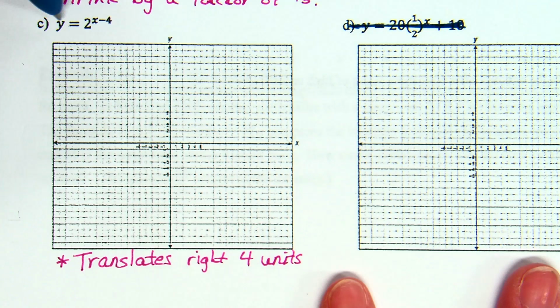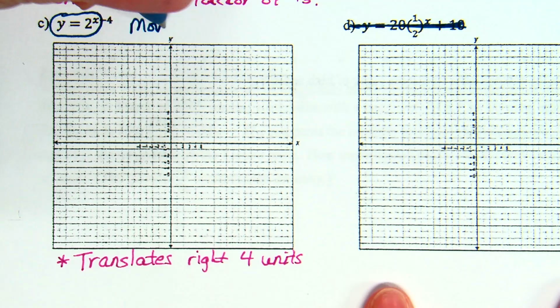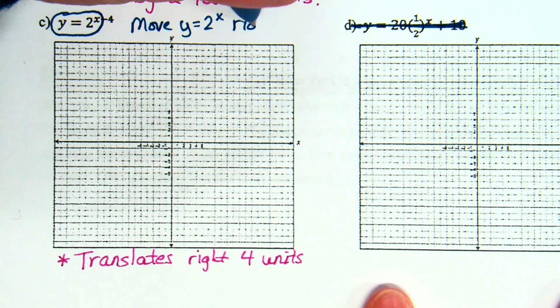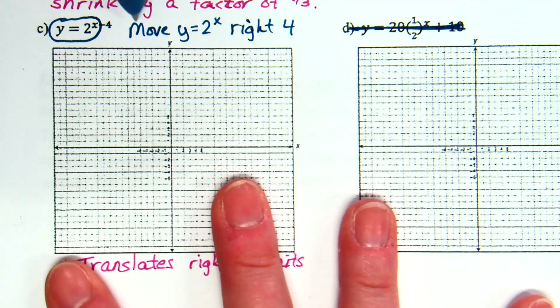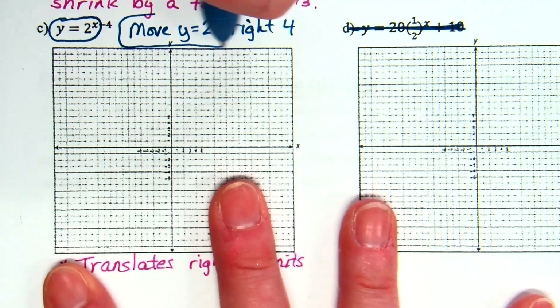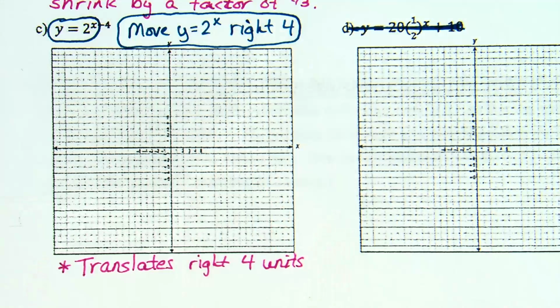So my recommendation is that we get an xy chart for 2 to the x, and then move that xy chart right 4. That's my recommendation of what we do here. And until you truly experience it on your own, some of you won't really believe me. You'll have to find out on your own.